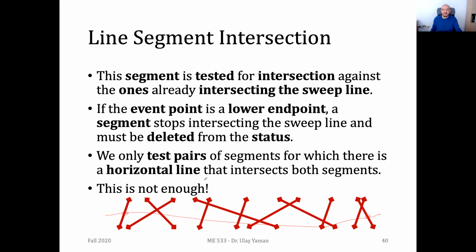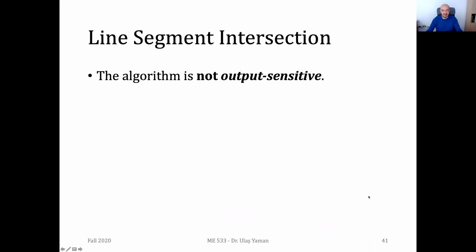That's why we try to decrease the number of checks, since it's highly time consuming. It's better not to do all the checks in the status. Instead, we do checks with just the neighbors, not with all the line segments in the status. This is the improvement we are going to make, and that will really decrease the time complexity.